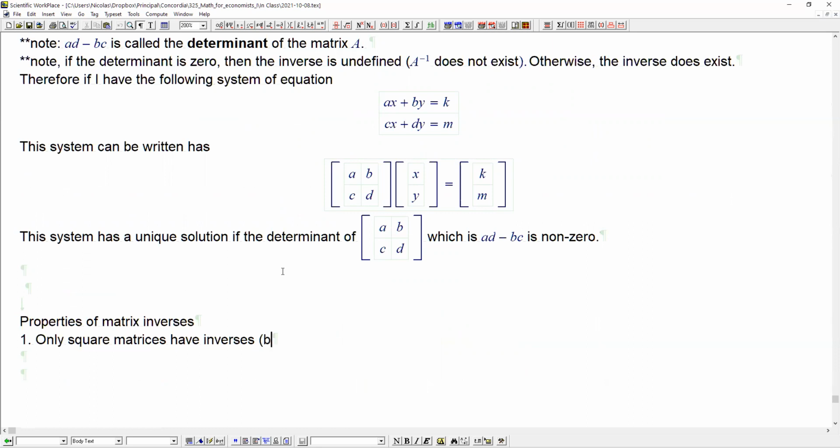But not all of them. So in other words, being square is necessary, but not sufficient.